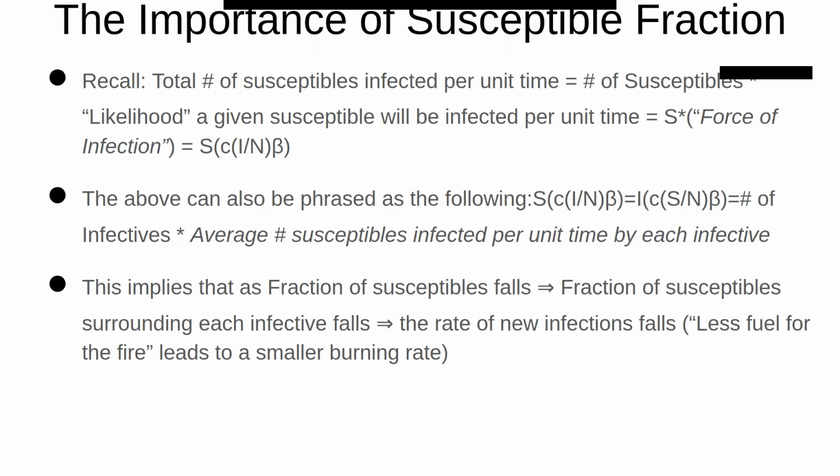We could think of the number of susceptibles as fuel for a fire. As the fraction of susceptibles that remain dwindles, there's less and less fresh wood for the fire to burn, less and less fuel, and therefore a smaller burning rate.